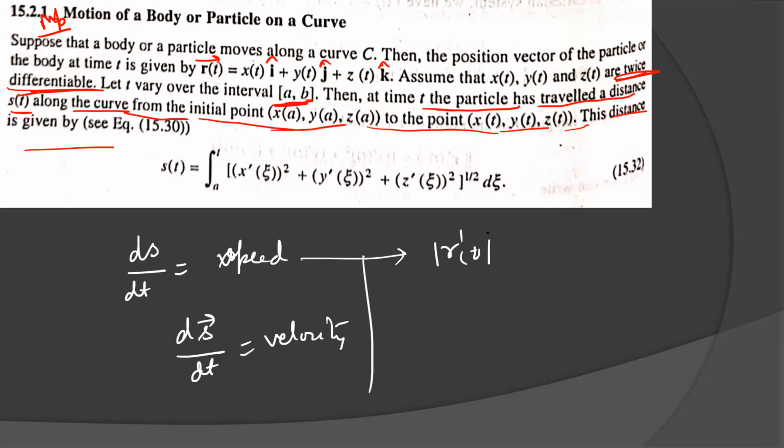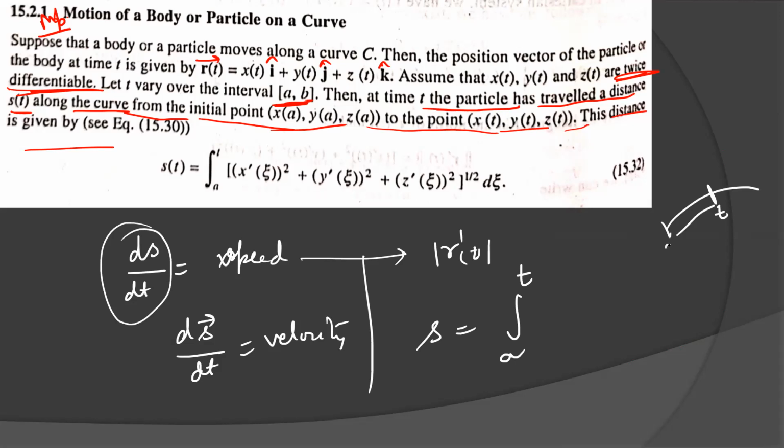You are taking a new variable xi because you are fixing the upper limit, and you are integrating from a to t because you want a small distance traveled on the curve, starting from a.